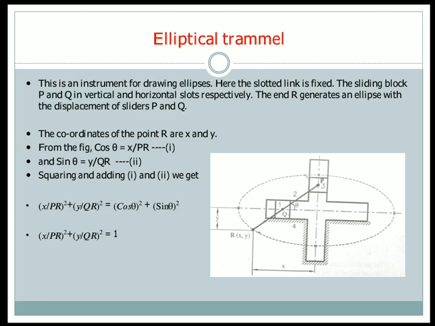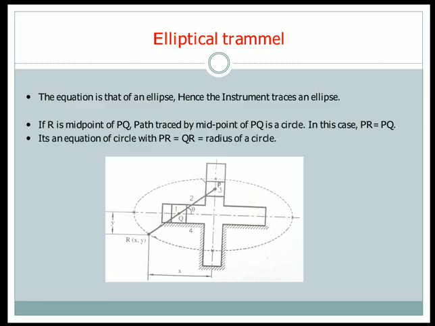So the equation x square by PR square plus y square by QR square is equal to 1. This is the basic equation for an ellipse, and hence the link PR will trace an ellipse. So since the equation is that of an ellipse, the instrument traces an ellipse.